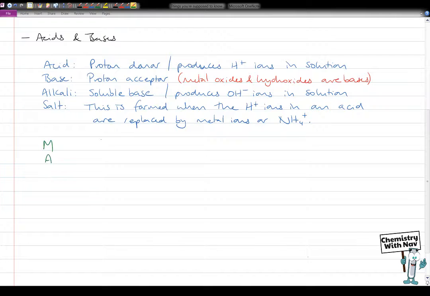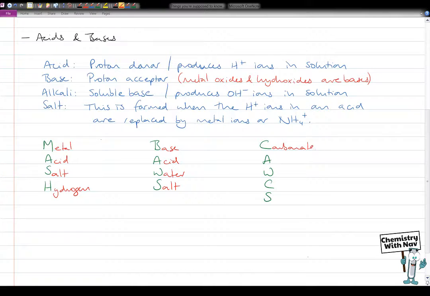This is in another video which I released about a month ago or so, and it comes down to mash, bores and corks. I use this system because it helps you to work out what the products would be in an acid reaction, because a metal plus acid gives you salt plus hydrogen gas, a base or an alkali plus acid gives you water and salt, and a carbonate plus an acid will give you water, carbon dioxide and salt.